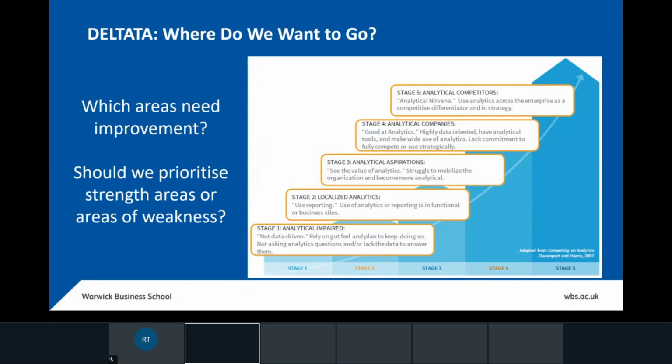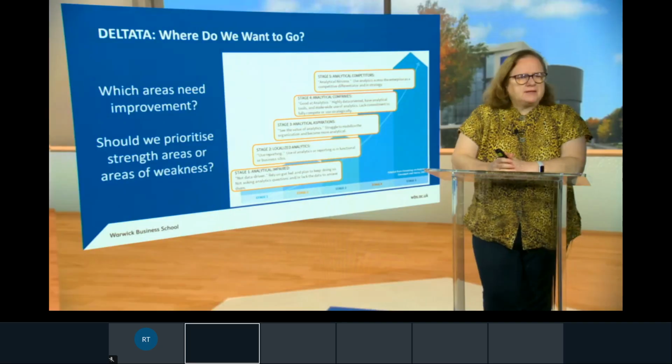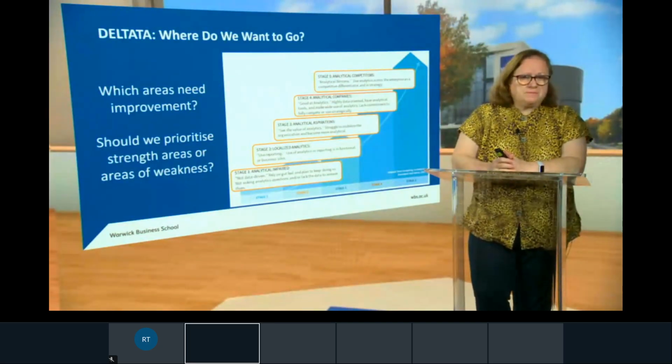This model, taken from Davenport and Harris's later work, shows you 5 different stages, where stage 1 is, if you like, at the start of your journey. They call it analytically impaired, all the way through to stage 5, analytical competitors. So the idea of the Delta TAR, Delta Plus analysis is to help you work out where on that journey you are, but also to think about what areas need improvement.